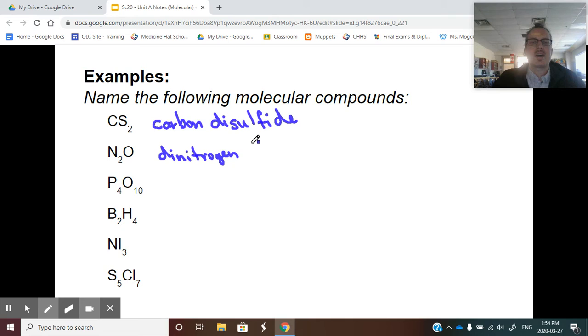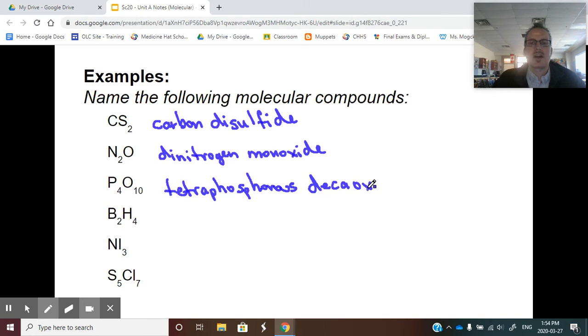And we have only one oxygen, so this is monoxide. 4 phosphorus is tetra phosphorus. And then 10 oxygen would be deca for 10. And oxide, because we're going to change to an IDE ending.